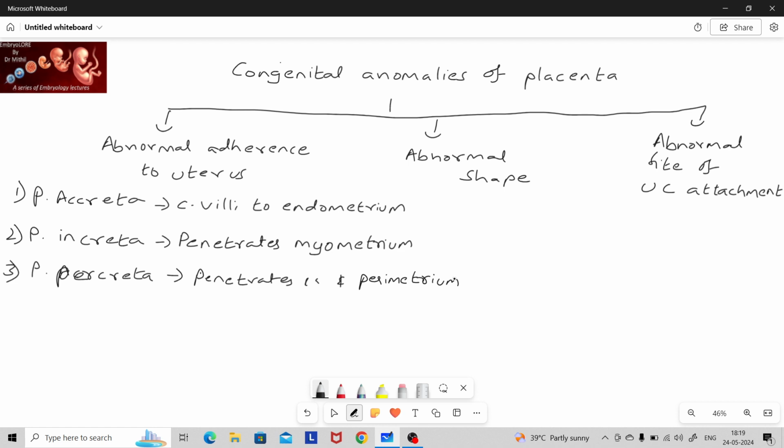Let me show this in a simple pictorial way. This is the uterus, in which there is a layer.